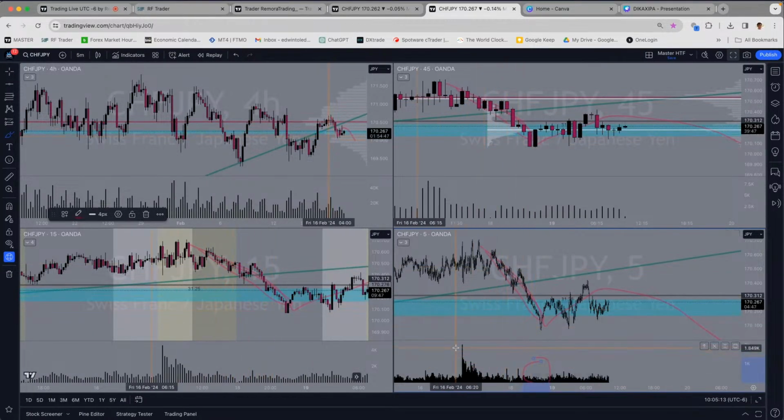So you cannot expect something like this in here because this is London and New York together. But in here, this could have been a valid movement even if it doesn't have so much volume, because it is not a very congested session. This thing was nice to me.